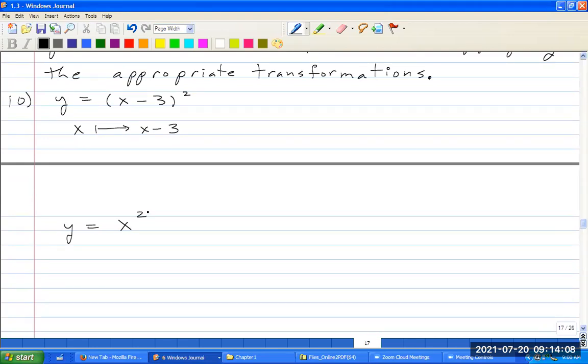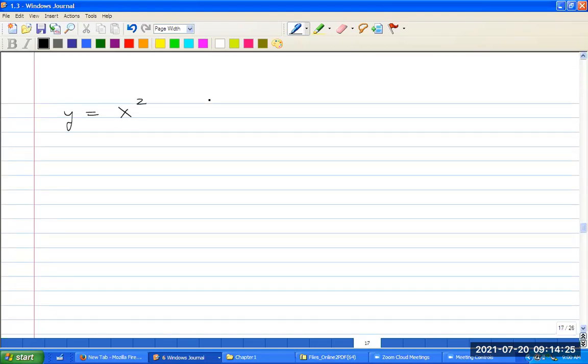So if I take y equals x squared, and if I replace x by x minus 3, I get the function y equaling x minus 3 squared. So this is just a translation.